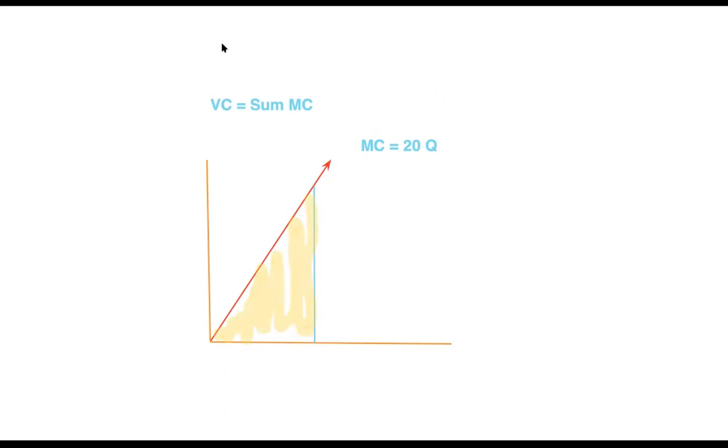And we said 9 units. So we could calculate the area of this triangle, right? It's a triangle with a base of 9 and a height of 180.